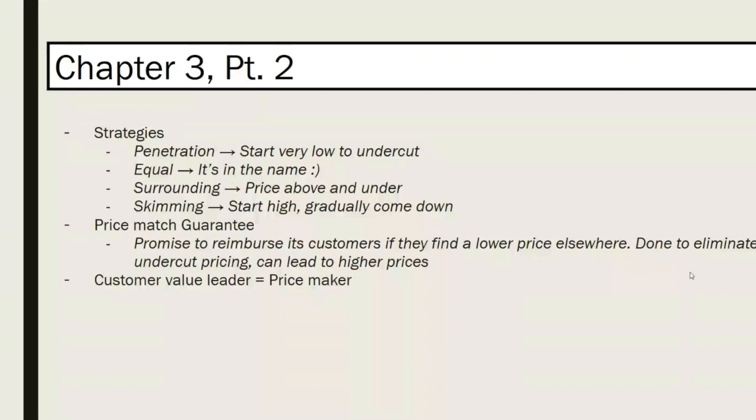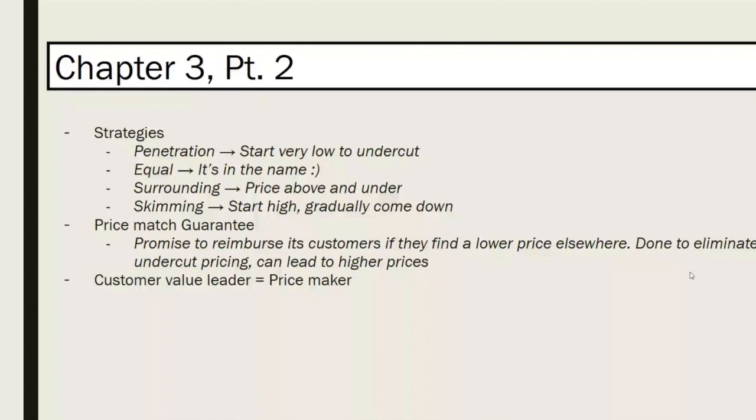You have surrounding, and this is where you look at building a reputation. Here you look at a price above and under, so you kind of surround the market to try to be at both ends of the spectrum. And then you have price skimming, which is where you start really, really high, and then later on you come down. Skimming has a sense of exclusivity behind it, because a lot of people believe that the more expensive something is, the better it tends to be.